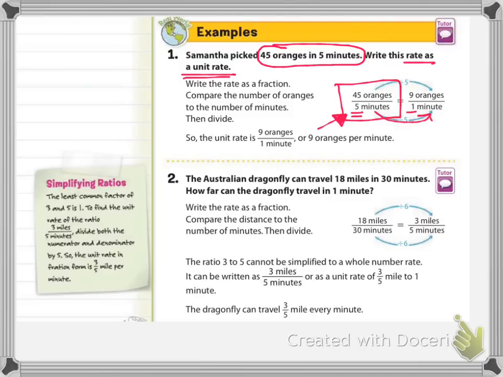That's how they got the 1. 45 divided by 5 is 9, which is how they got the 9. Now remember, you do have to include the words. So the unit rate is 9 oranges over 1 minute, or you could also say in this example, 9 oranges per minute.